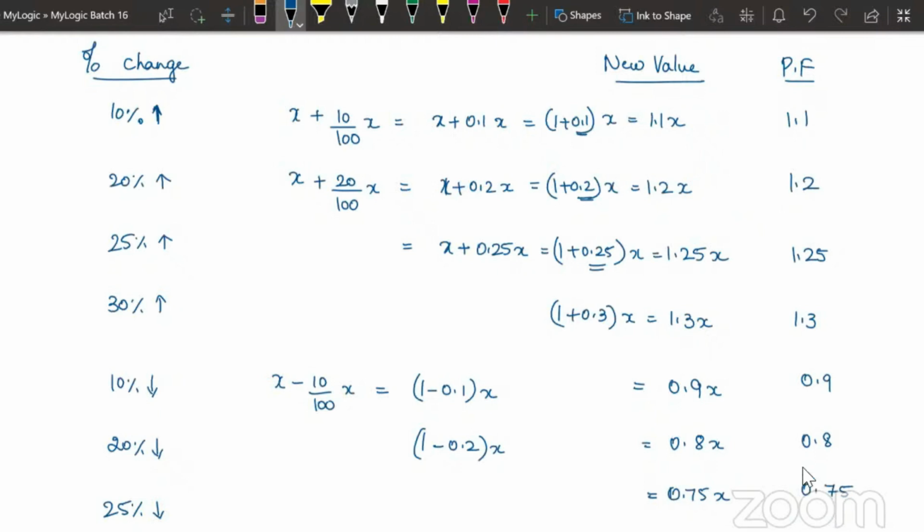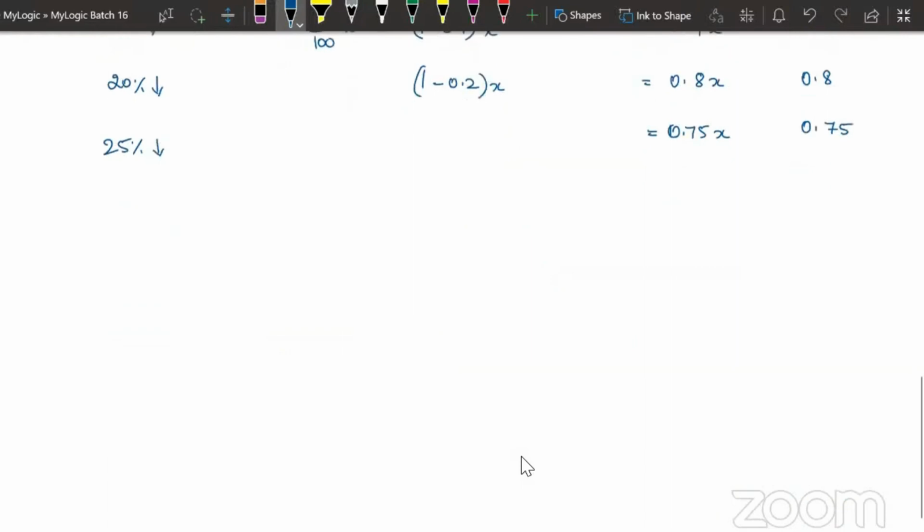Now, this is your percentage factor. As soon as you see a question where it is given that a certain value is increased by 10%, or decreased by 20%, immediately you have to write the percentage factor. Increased by 10% means the percentage factor is 1.1. After you write the percentage factor, then you need to decide whether you have to multiply it or divide it based on the given value.